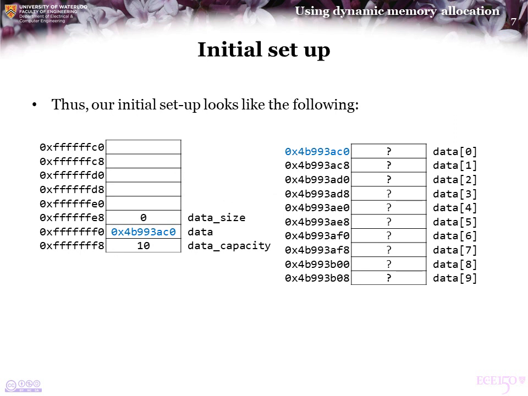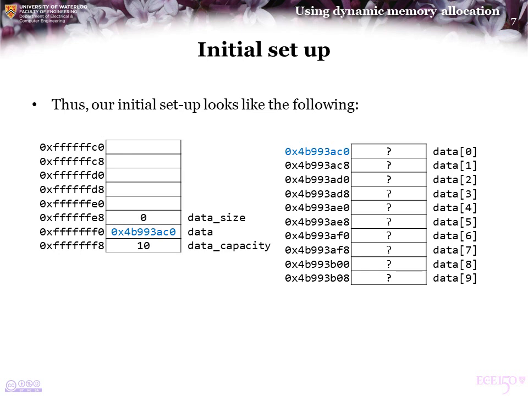So if we were to execute those 3 instructions, or 3 declarations, we would have an initial setup as follows. In main, we would have 3 local variables. The data capacity is initialized to 10. When we called new and initialized the data array, memory was allocated for 10 entries somewhere in memory, and that address was returned.